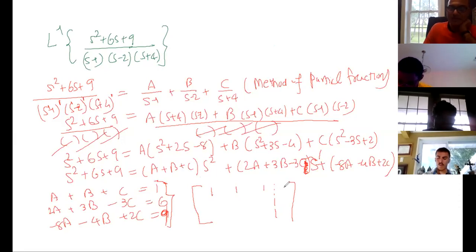Okay. So I'm getting here 1. And then I have 2 here, 3 here, -3 here, I'm getting 6 here. I have -8, I have -4, I have 2, I'm getting 9 over here.